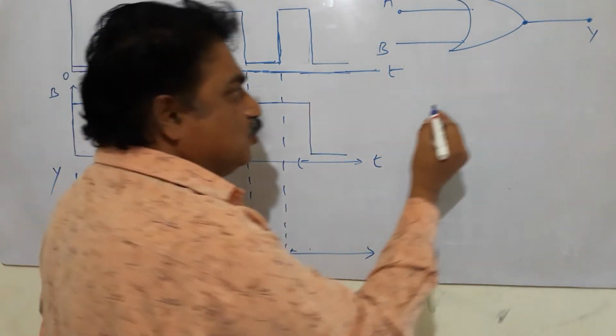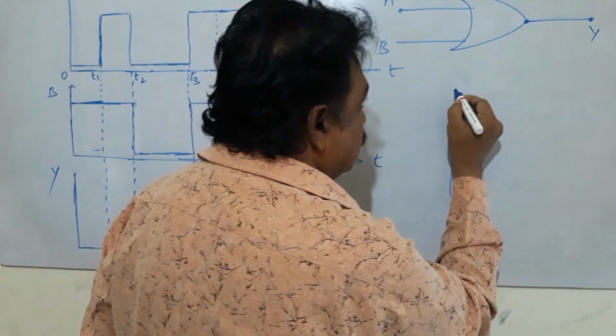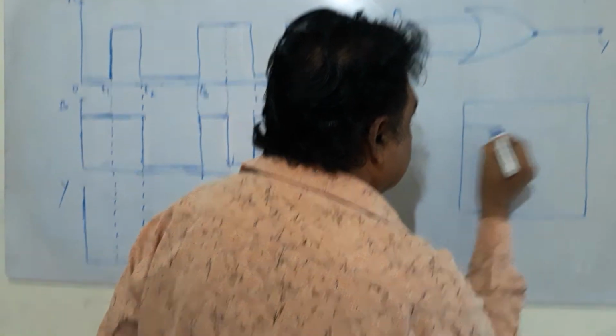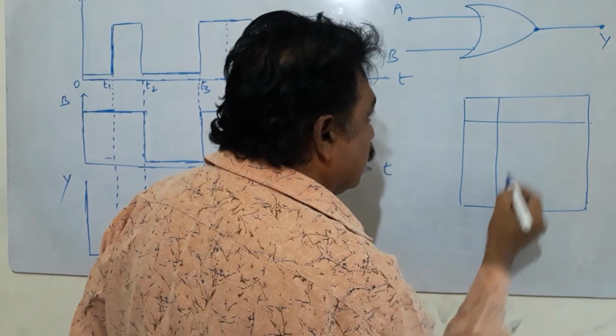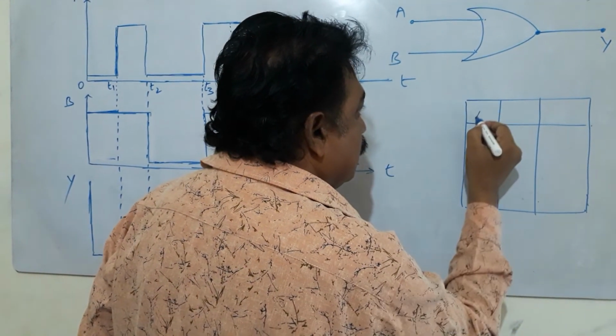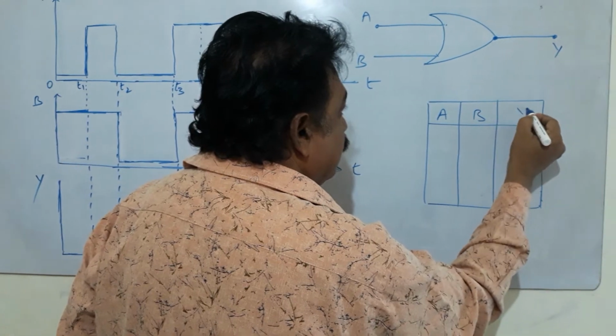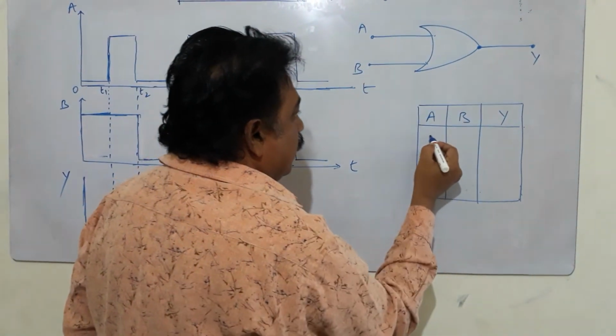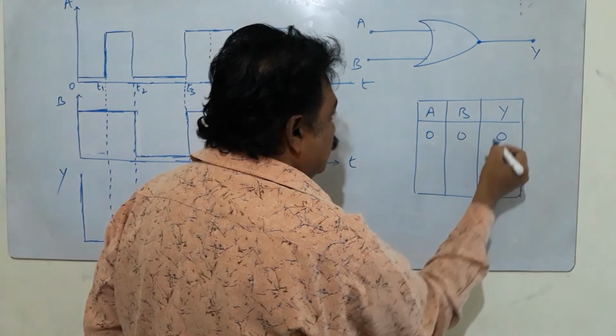We know the truth table for this, just like this. A, B and Y. If A is 0 and B is 0, Y will be 0.